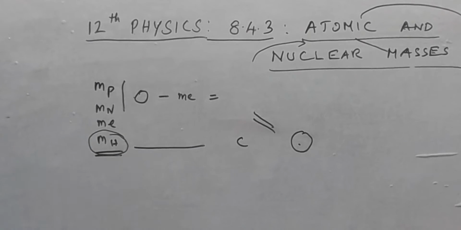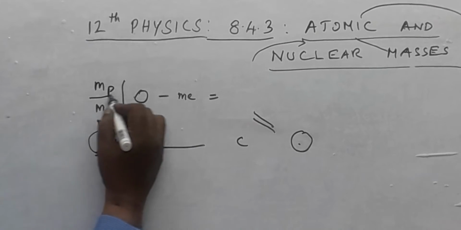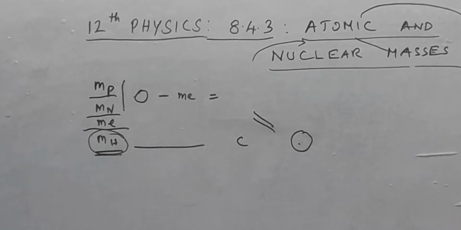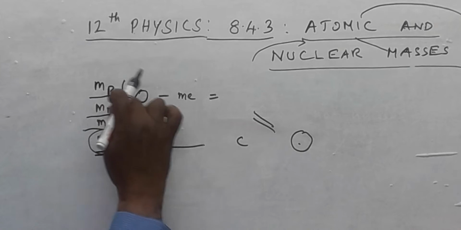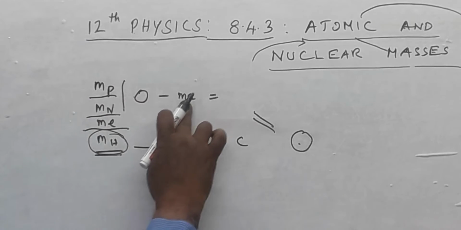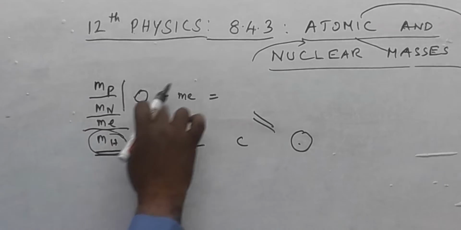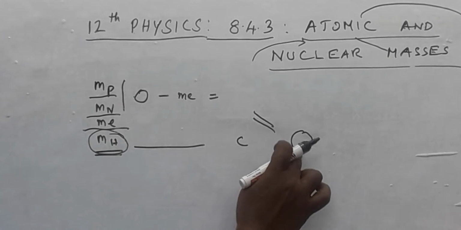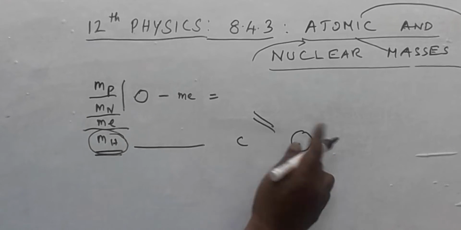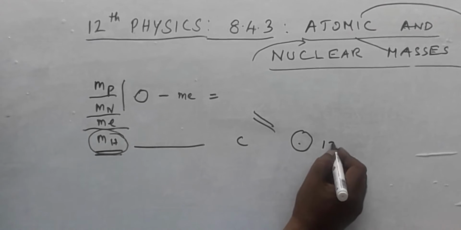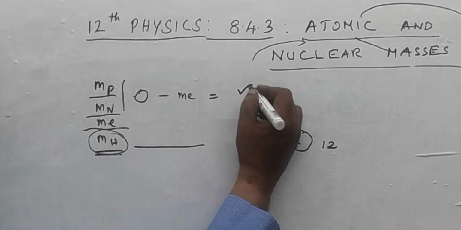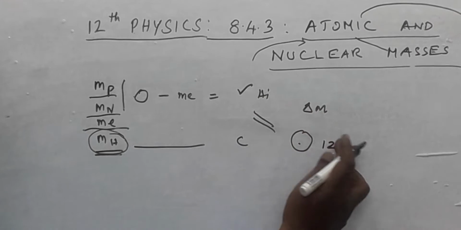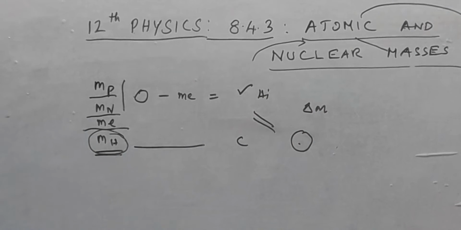If you separately calculate the mass of proton, mass of neutron, mass of electron, then adding up these two is called nucleus, and then you have to separate the mass of electron only because of negative value. Then this given value, this one is less and this one is higher. That is the difference of mass defect that we are going to explain now.